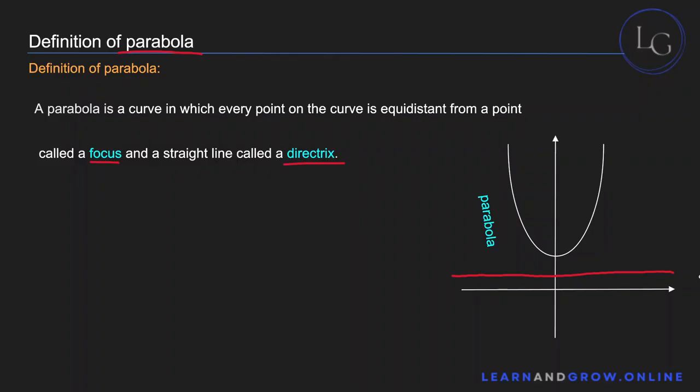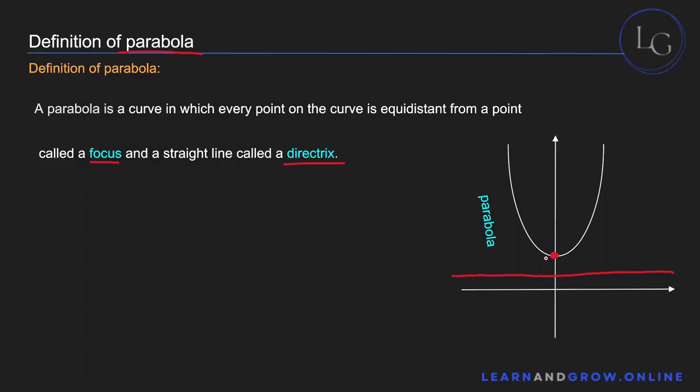This is the directrix. Now the focus is a point that is equidistant from the directrix and the extreme point of this curve. Now the extreme point on this curve is this point over here, right? As it's the absolute bottom of this curve.